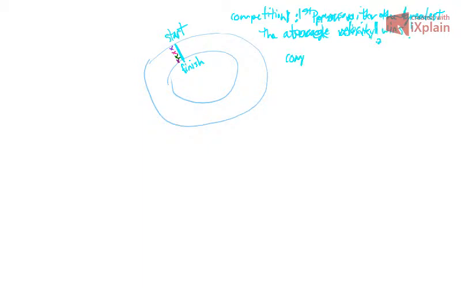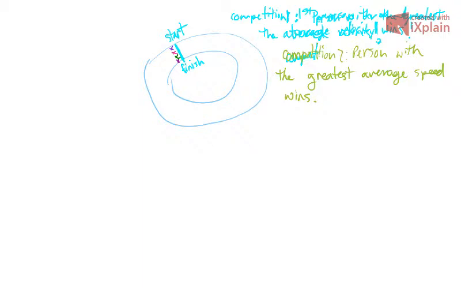Competition 2, person with the greatest average speed wins. All right, so in this race we have two different conditions to win, and so we'll have two different winners.